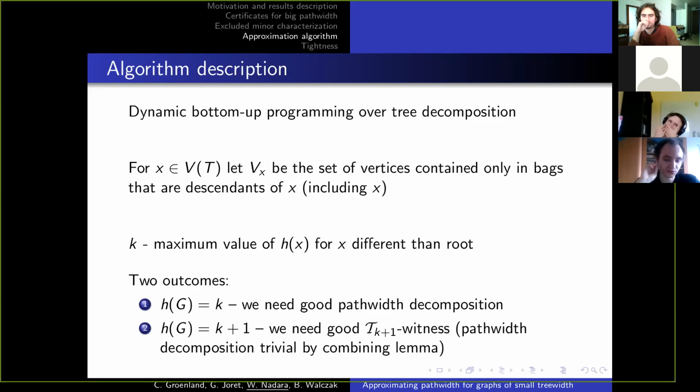If we remove that root bag, concatenate the path decompositions of our children, and add this bag to all bags in this path decomposition, it's a good path decomposition, and it's not too big. It's bigger, but we are allowed because we find a better witness.